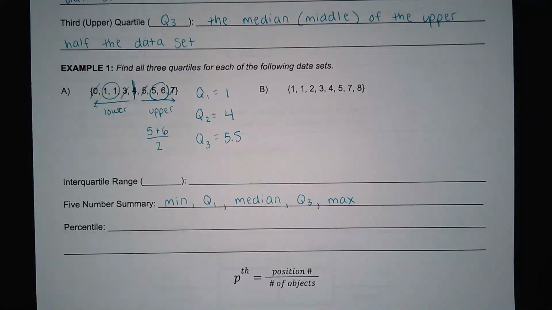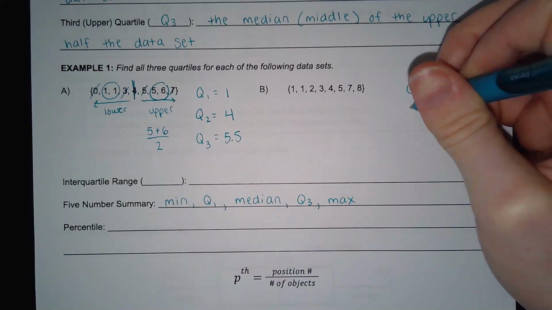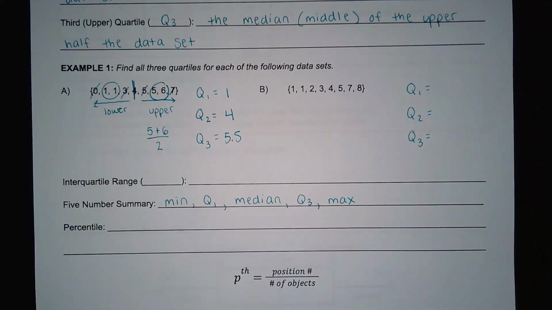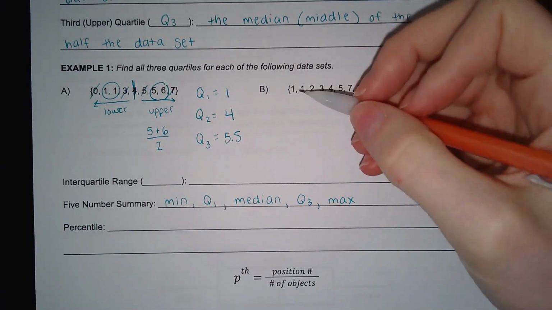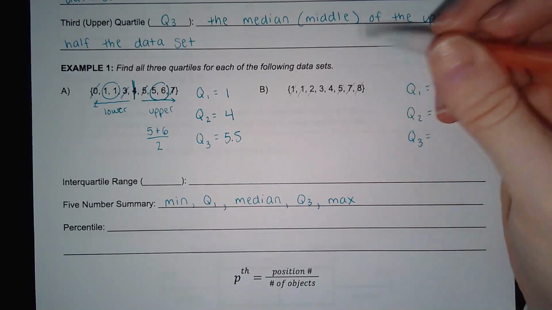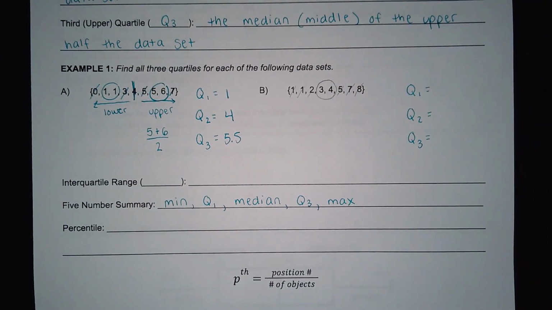We can do the same thing for data set B. So we're going to find all 3 quartiles, Q1, Q2, and Q3. I'll start with my median. So I'm going to cross off low, high, low, high, low, high. We do end with 2 numbers in the middle there. So we end with 3 and 4.